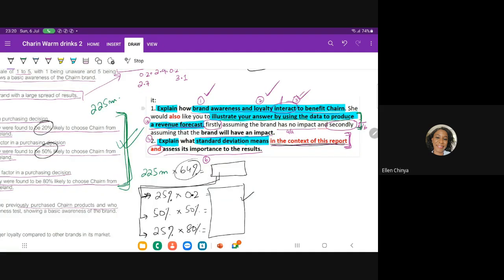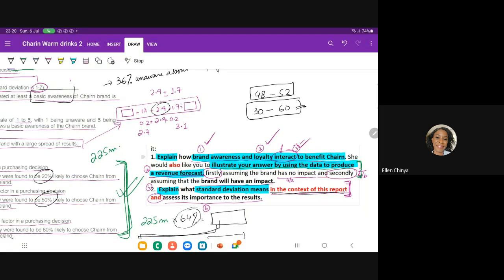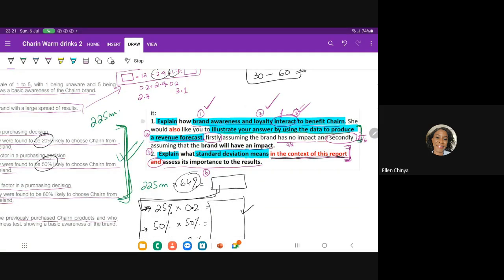In the context of this report, you have to use these numbers while explaining your answers, like plus 1.7, minus 1.7. That's basically what you have to take. And assessment, its importance to the results.